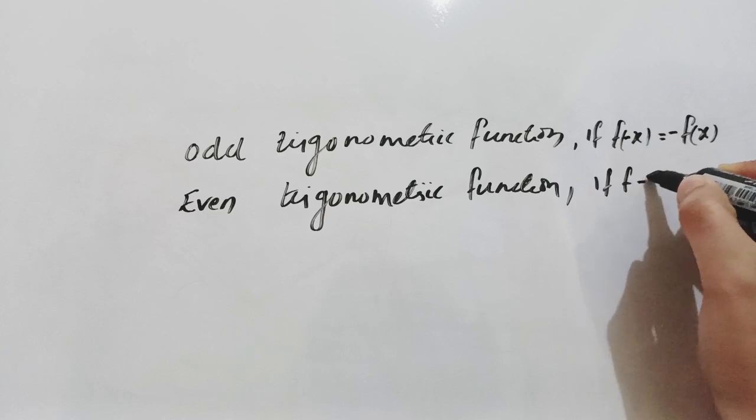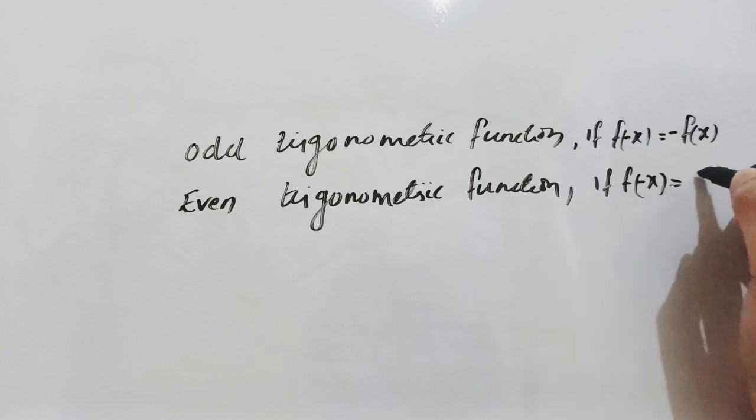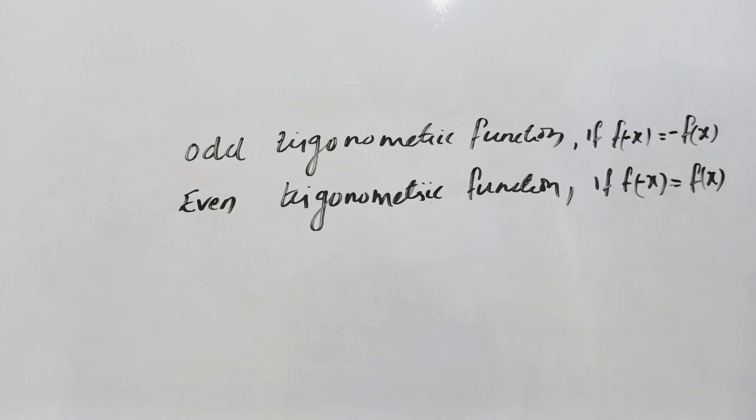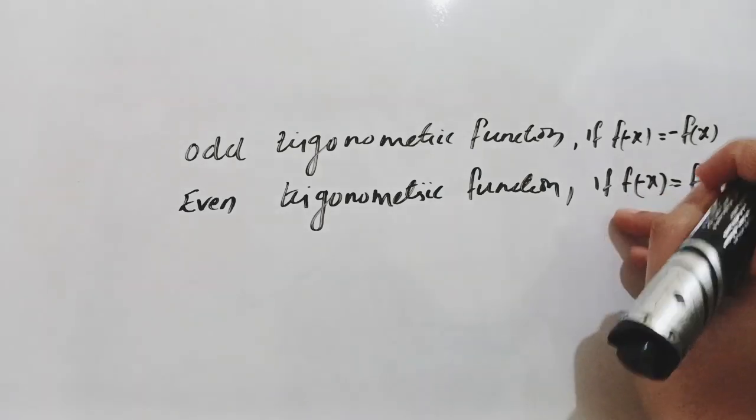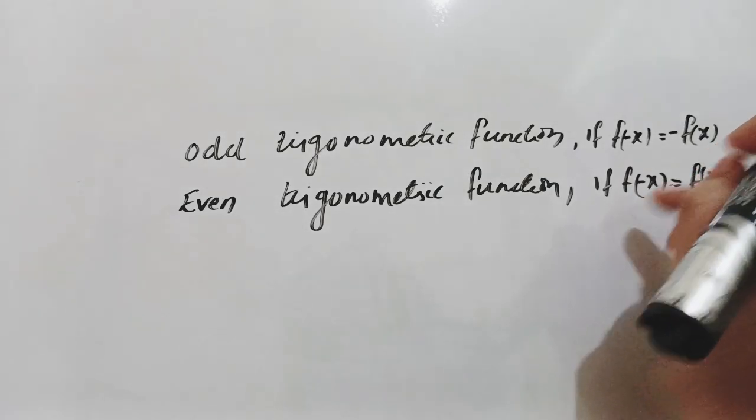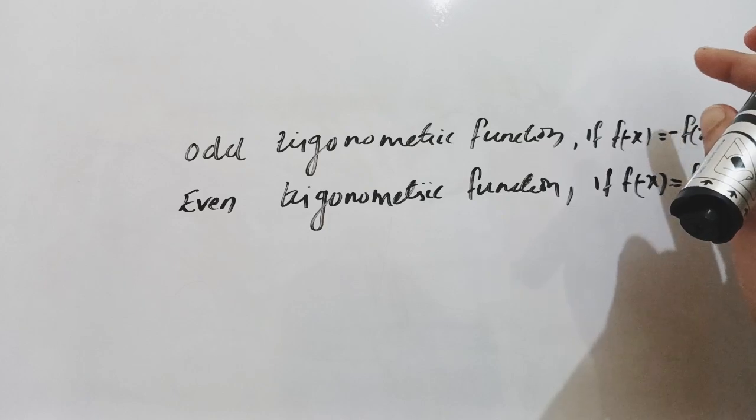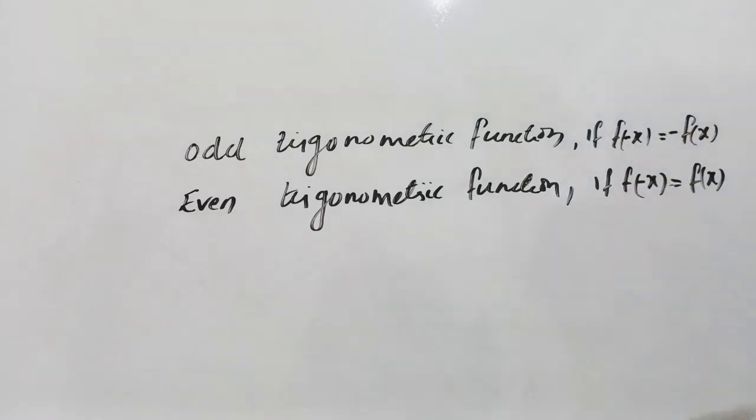Then if f of minus x equal to f of x, then this function is said to be an even trigonometric function, and this function is symmetric to the y-axis.